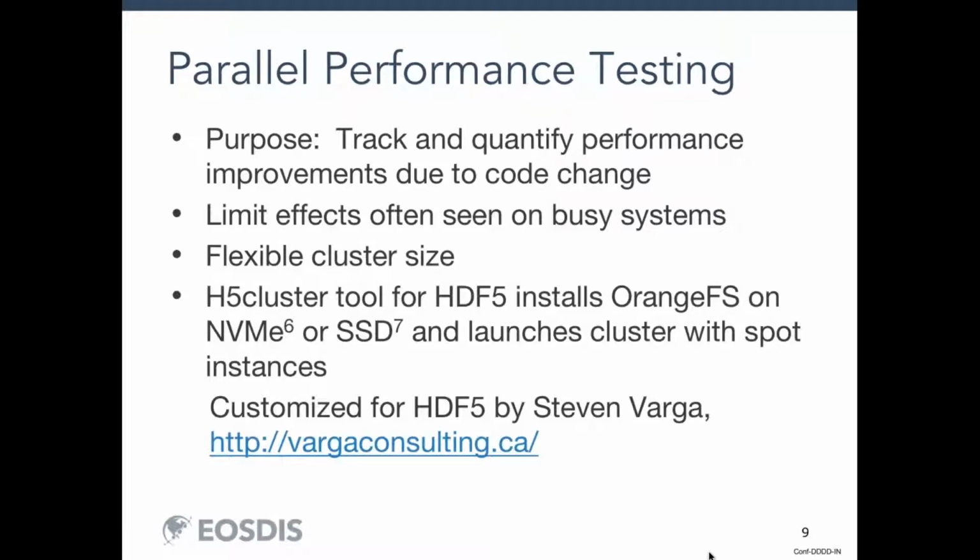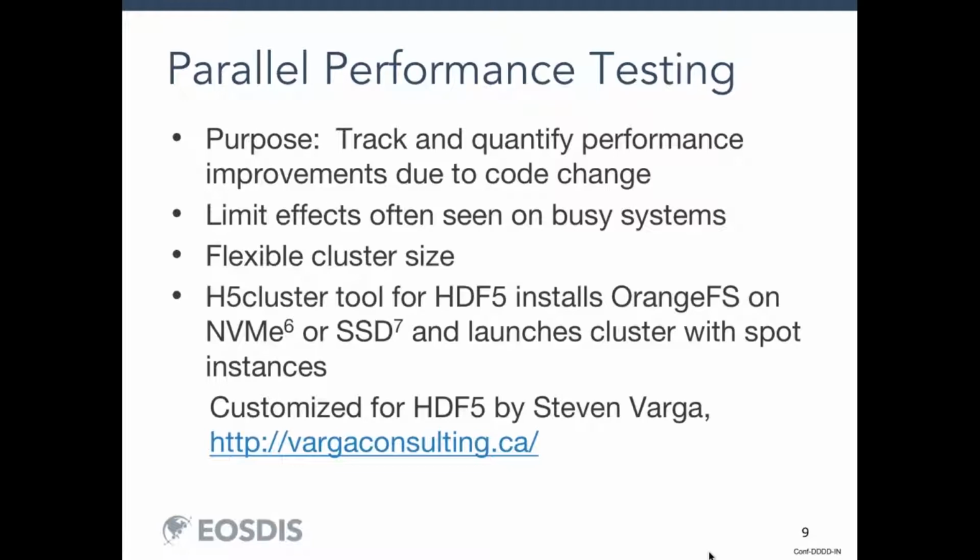A fairly new thing is parallel performance testing. The purpose of this is to track and quantify performance improvements due to code change or degradation. But when we run tests on busy systems, the results are often highly variable.